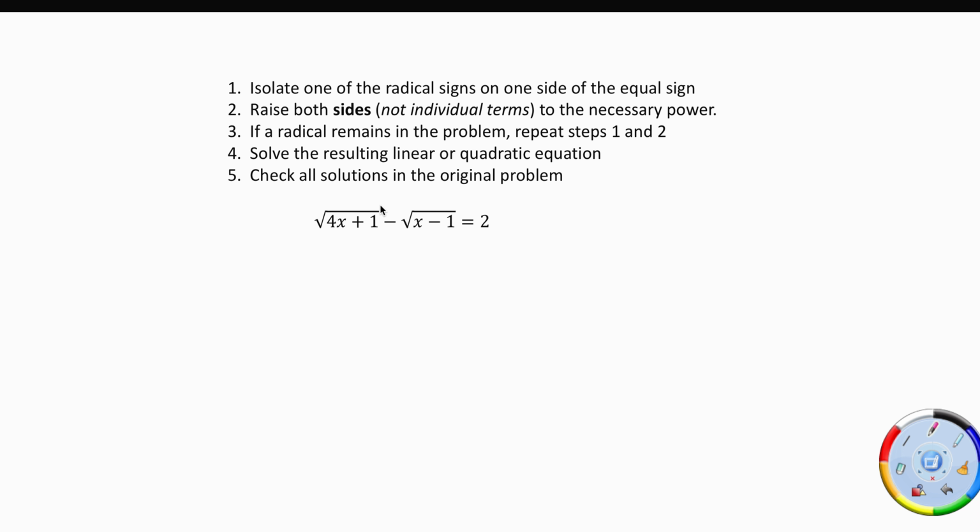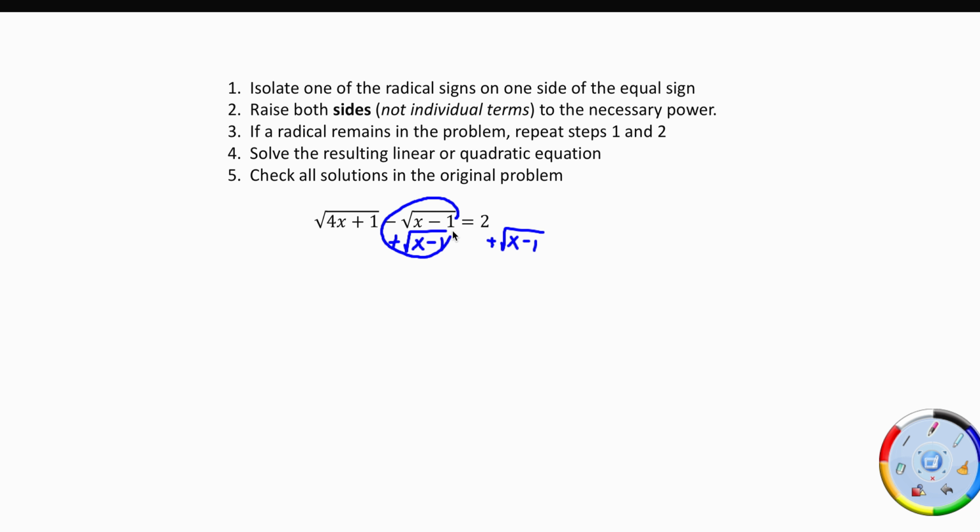You must square both sides, right? So if I were to square this side, I'd have to do my distributive property to multiply that out. They will not both go away at the same time. So I'm going to isolate one at a time. The other one will not go away.